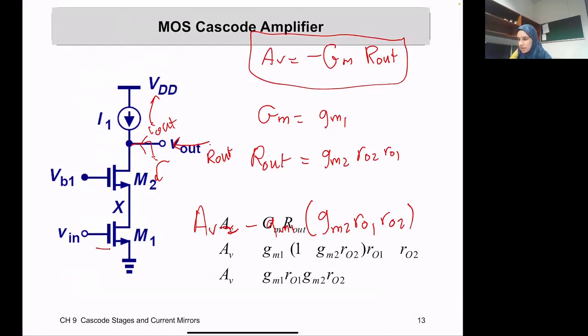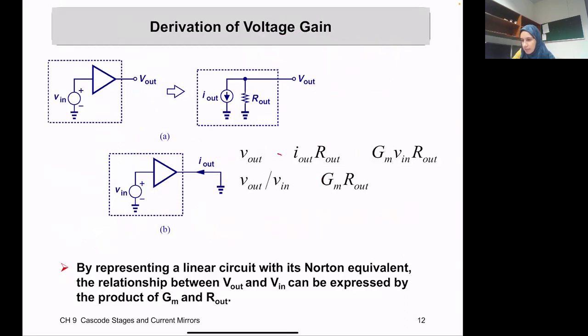Here we replace it with its Norton equivalent. You have an R out and then an I out, and V out equals I out times R out, and I out is itself capital Gm times Vn.